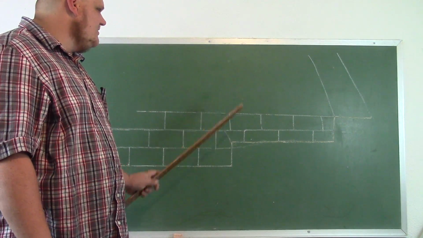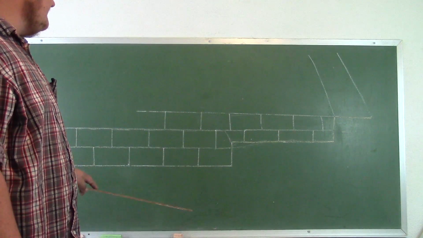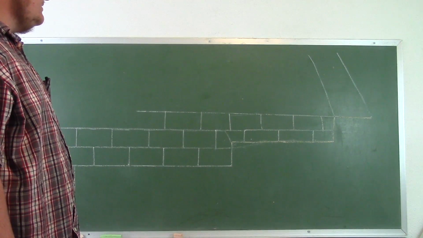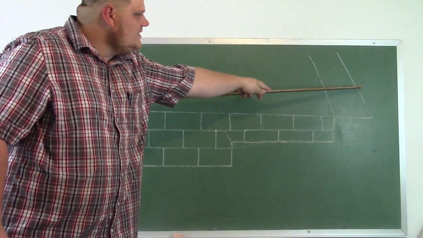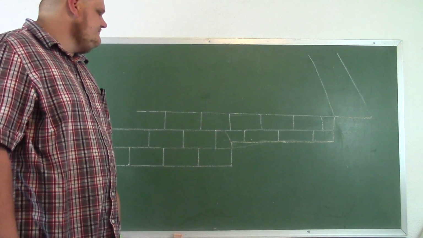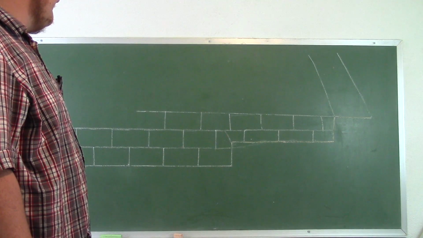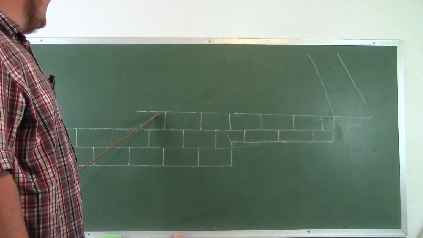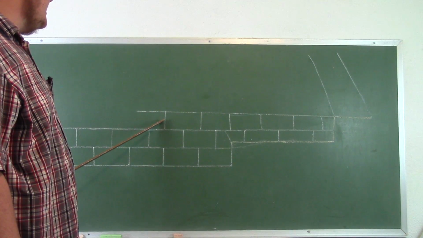And all this will be underground. You'll never see any of this stuff. The ground level is like up here. You might see a couple. I bet the ground probably stops right about the middle right here.